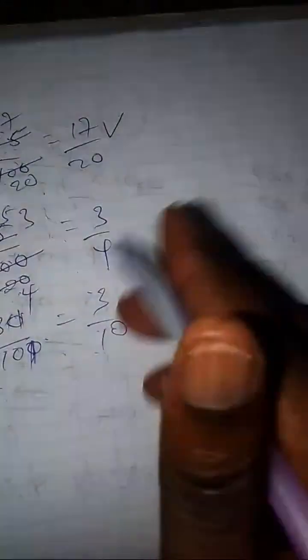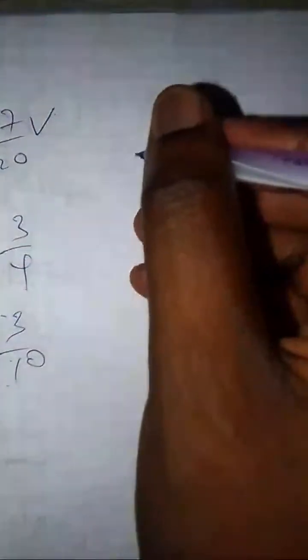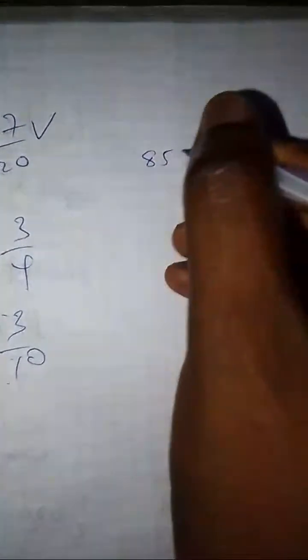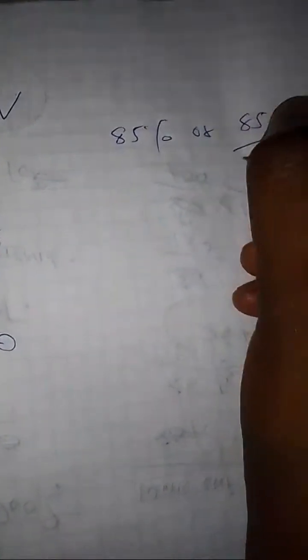You can also divide fractions and also percentages. When writing percentages, 85% or 85 out of 100, any of these is correct. You can write this as 85%, or you can write it as 85 out of 100.